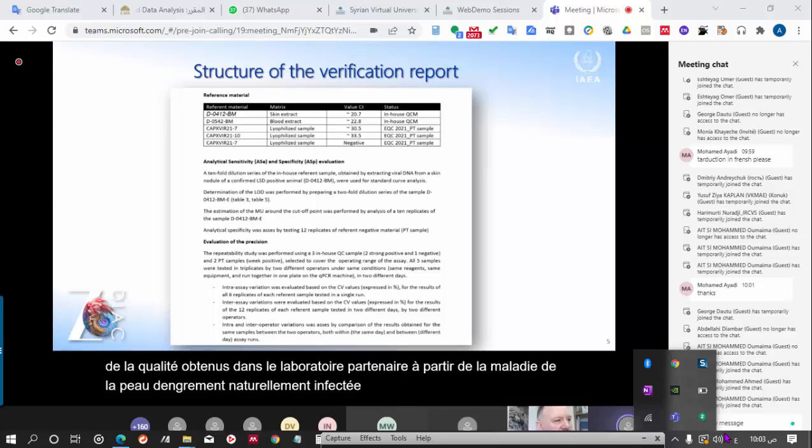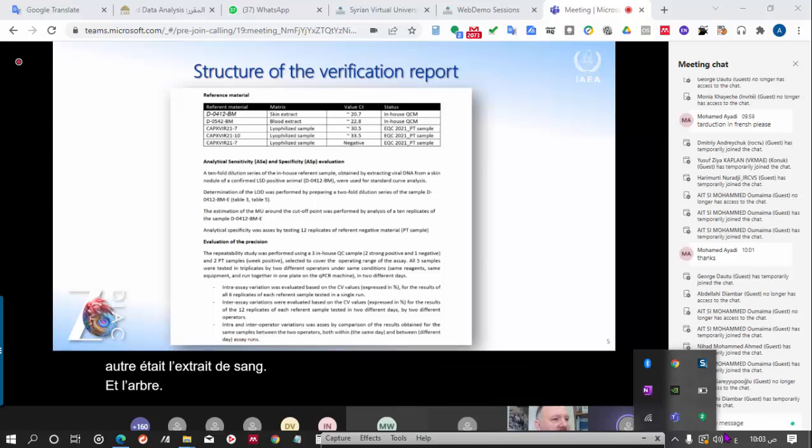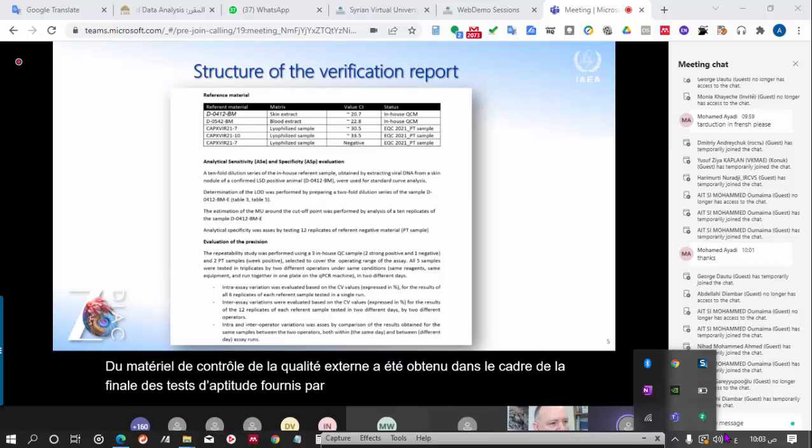One was the skin extract and the other was the extract from blood. And the 3 external quality control materials were obtained within the proficiency testing panel provided by the EU reference laboratory. So 2 weak positive samples and 1 negative sample.